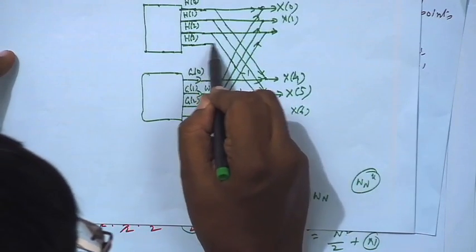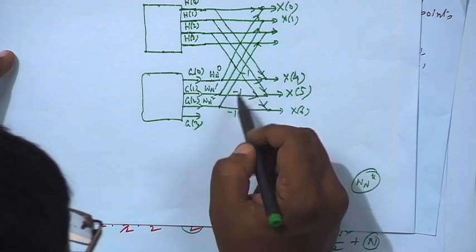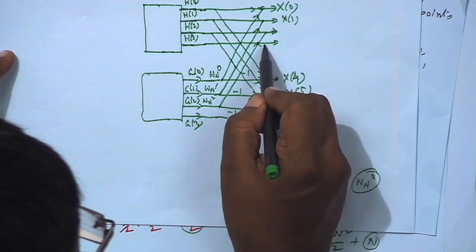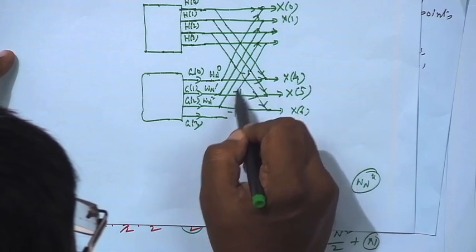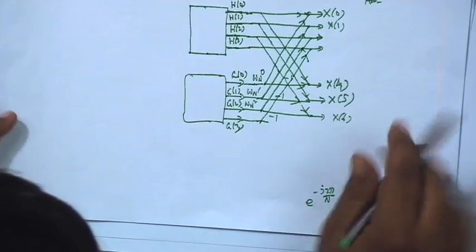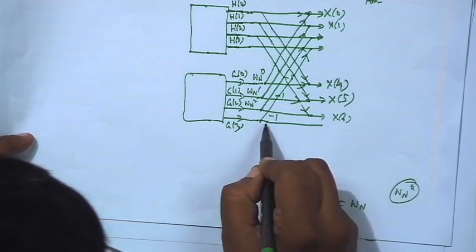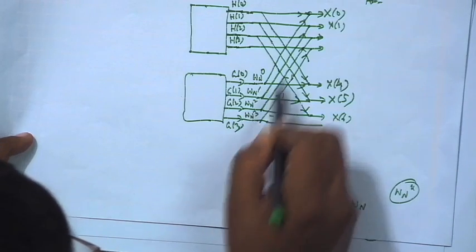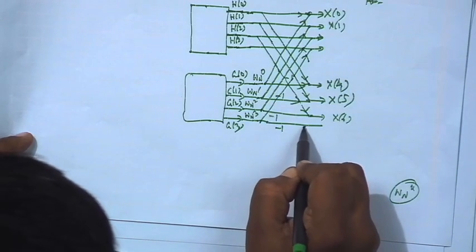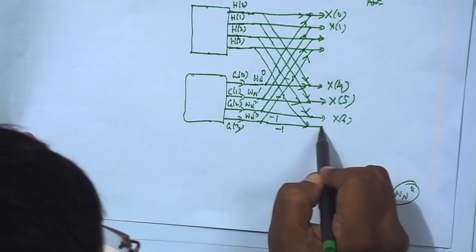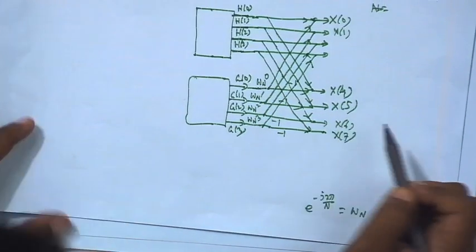And by the same token, lastly also, G 3 will be multiplied by W n to the power 3, then added, and in this direction minus in the same logic, and then added, that will give you x 7.